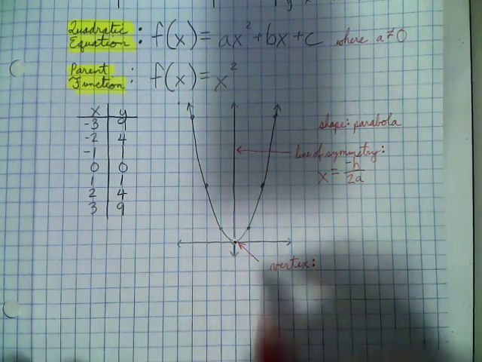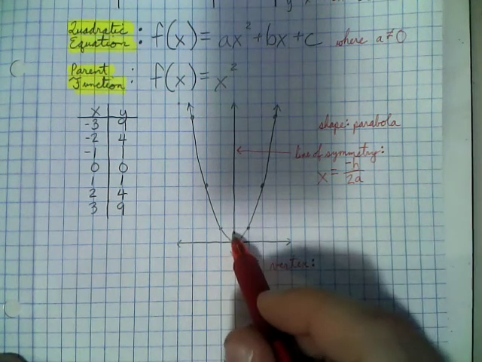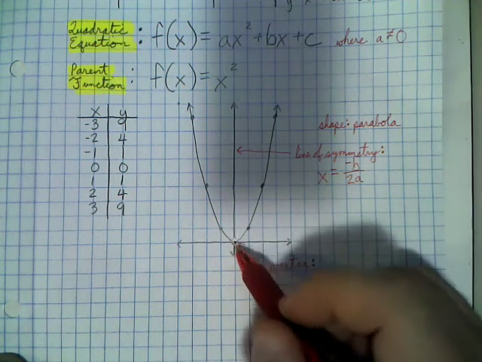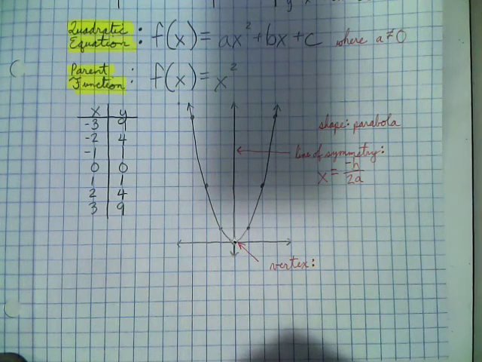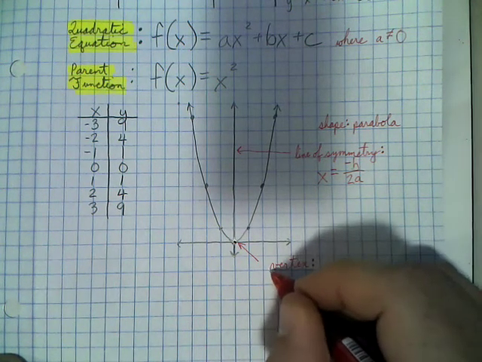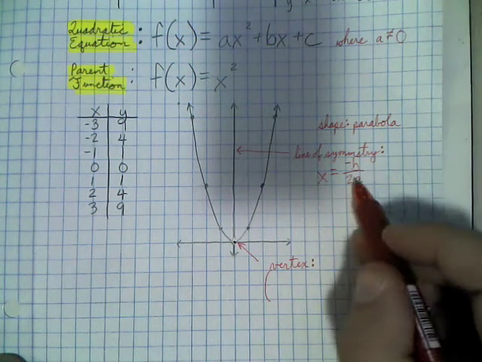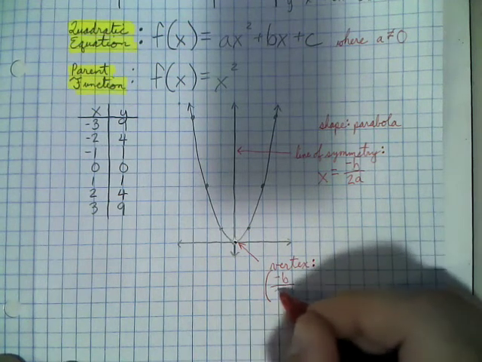And in general, if you can find two symmetric points, you can just go halfway between them and you know where at least the line of symmetry should be. And then from there, use some algebra and find out what your x and y value should be for your vertex. But in general, since it is on the line of symmetry, you know your x value is going to be -b over 2a.